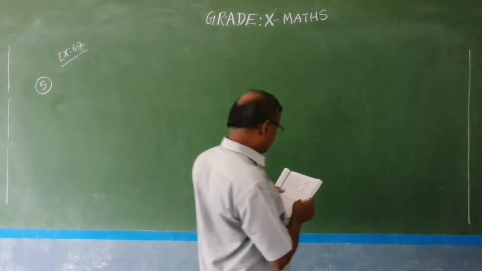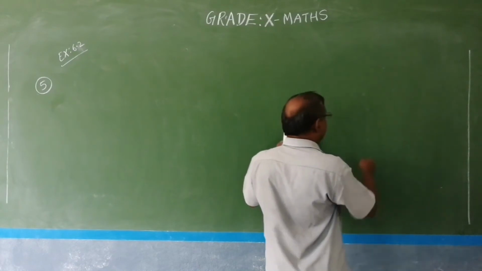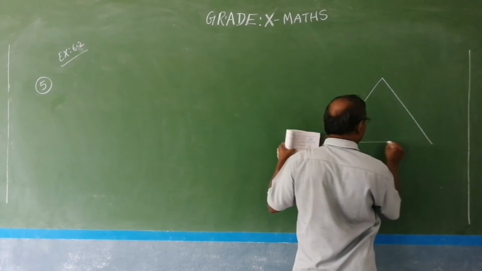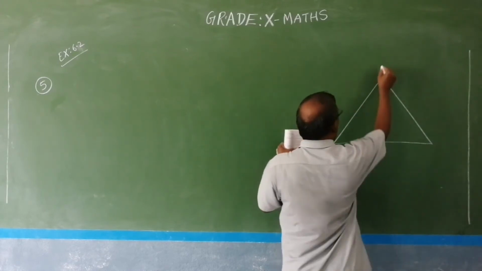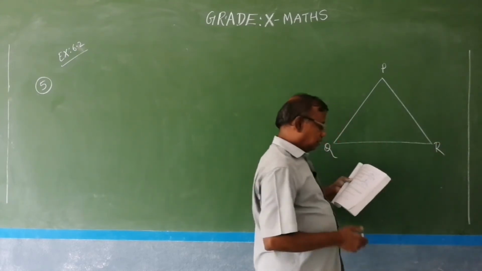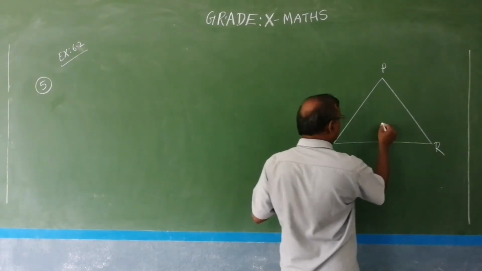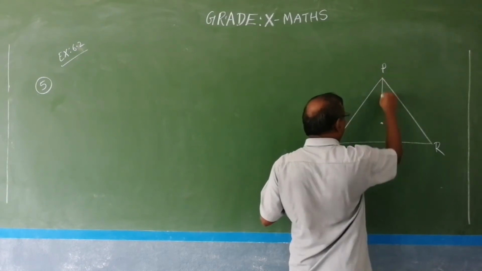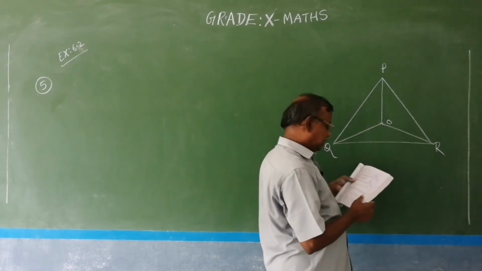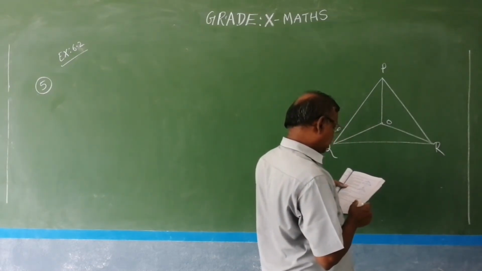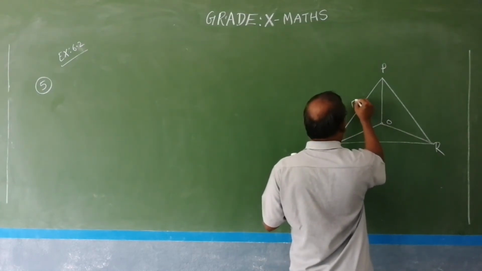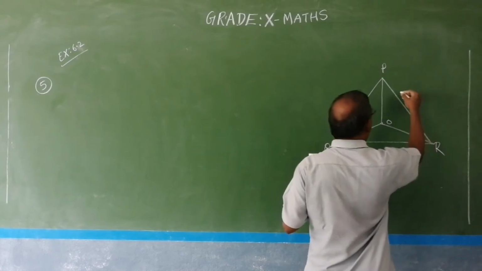Question number 5. In the figure, that is diagram 6.20. Let us draw the diagram 6.20. The outermost triangle is PQR. There is a point O. Join OP, OQ and OR, in which E and F are 2 points on PQ and PR.